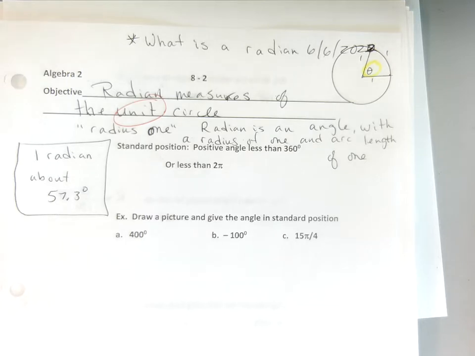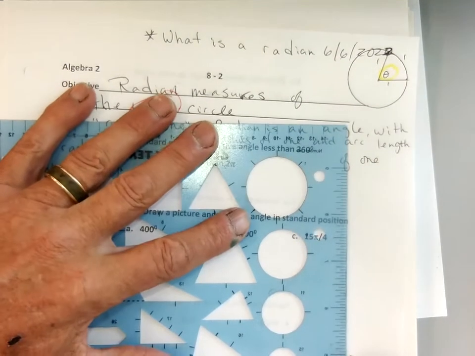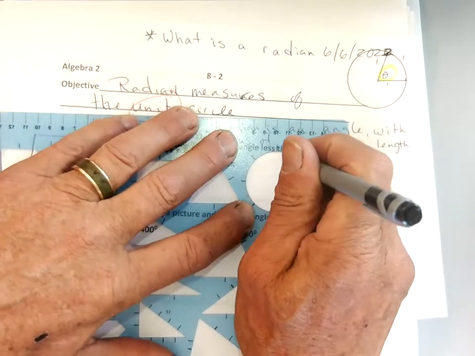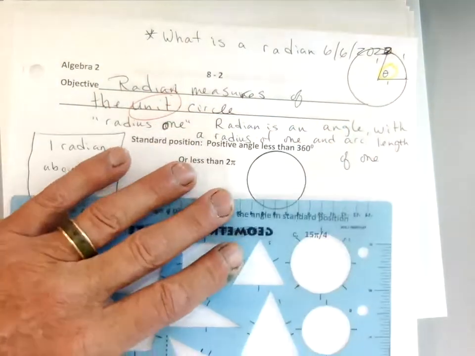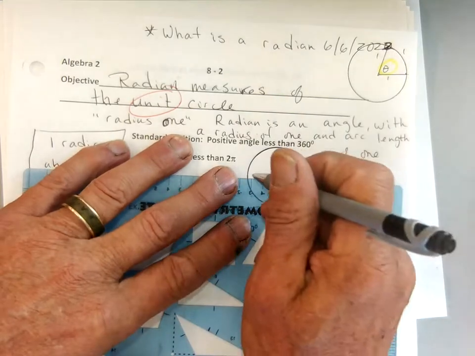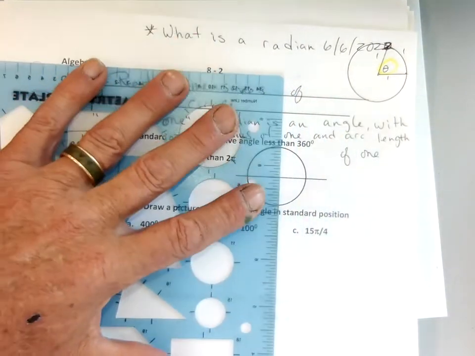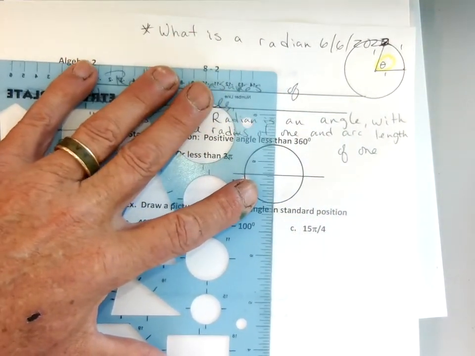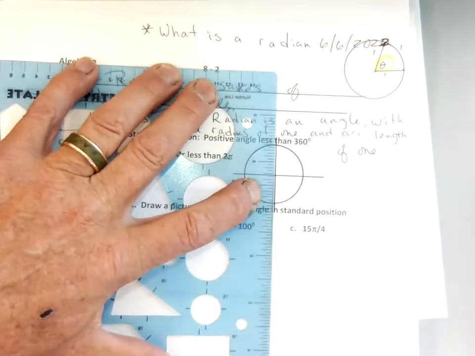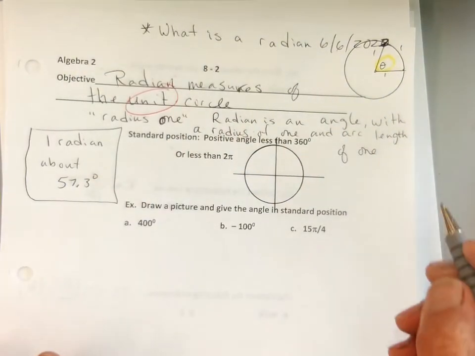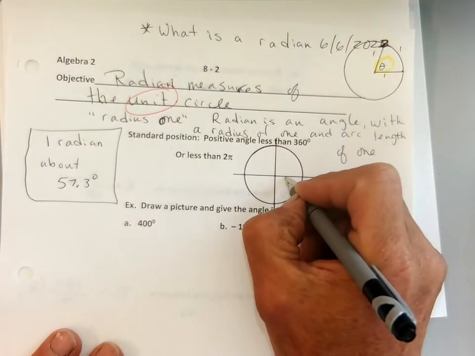So all of our angles are going to come from the circle. So let me go ahead and draw a picture. Radius of 1.